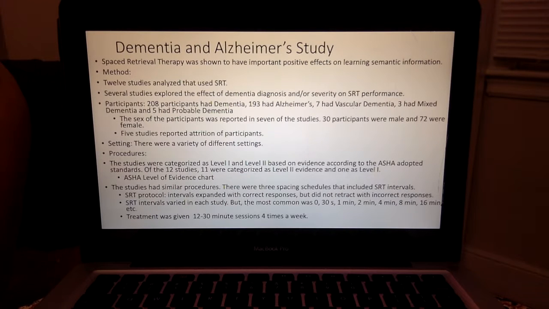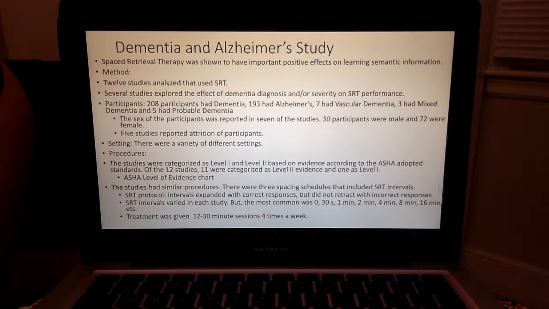There were a lot of different disorders: 208 participants had dementia, 193 had Alzheimer's, 7 had vascular dementia, 3 had mixed dementia, and 5 had probable dementia.